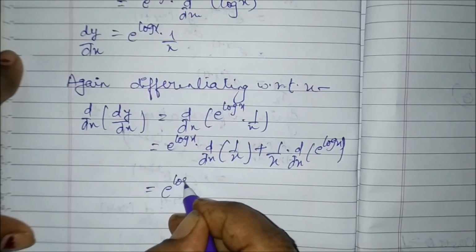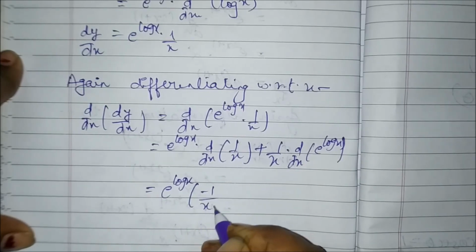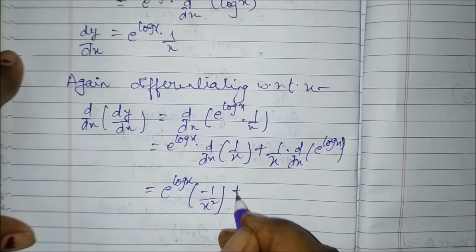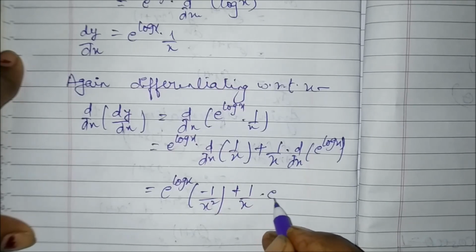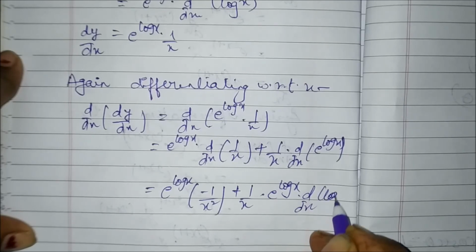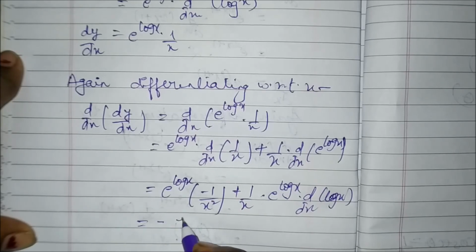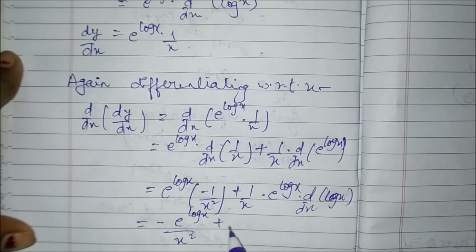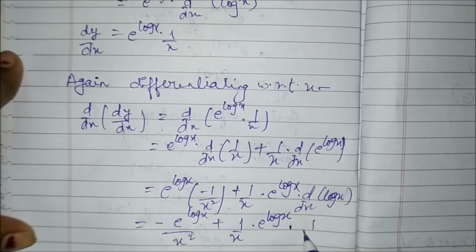So it is e raised to log x, copy this, into derivative of 1 by x is by the formula minus 1 by x square, plus 1 by x into derivative of e raised to log x, which is e raised to log x into d by dx of log x. Clear? It will become minus e raised to log x upon x square plus 1 by x into e raised to log x into derivative of log x is again 1 by x.